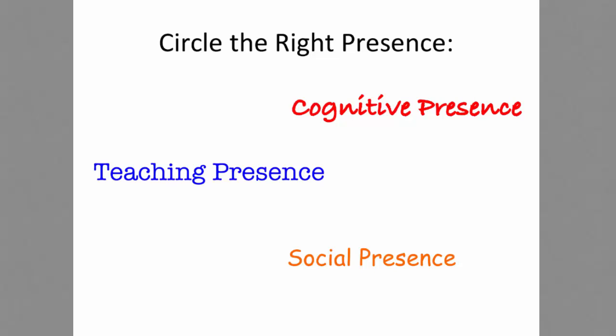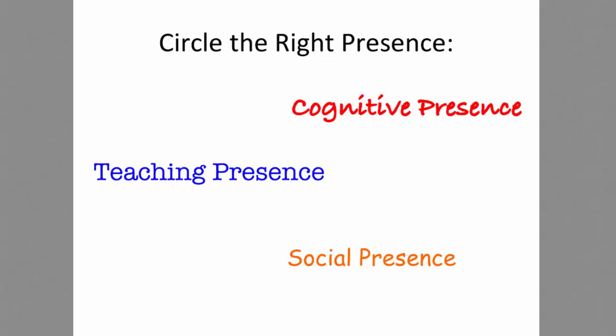What I'd like you to do is go over to the left to the pin function. It is the third from the top, and I'd like to give you some statements, and you circle the presence that it represents. So the first one is providing content, course design, and facilitation.